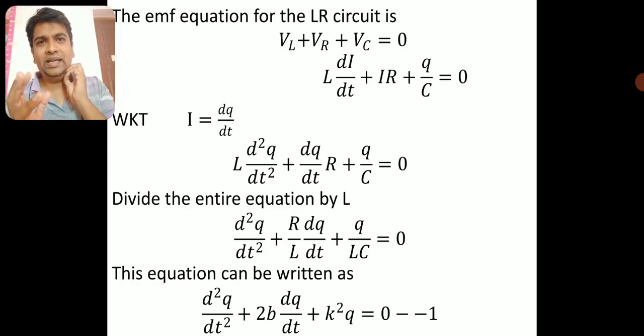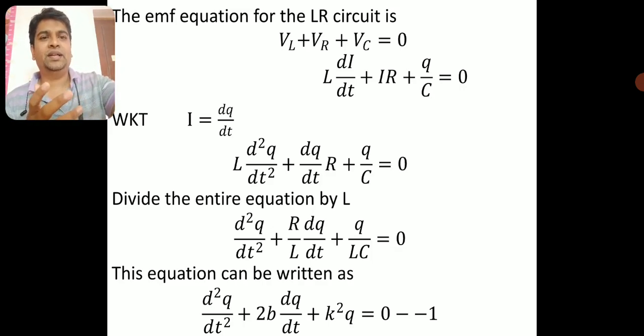Why I am writing in this form is because this is a standard form of the differential equation where I know the solution of it. Instead of taking R by L and 1 by LC, I am writing it in a standard form in terms of b and k square, so that the solution is already known to me.